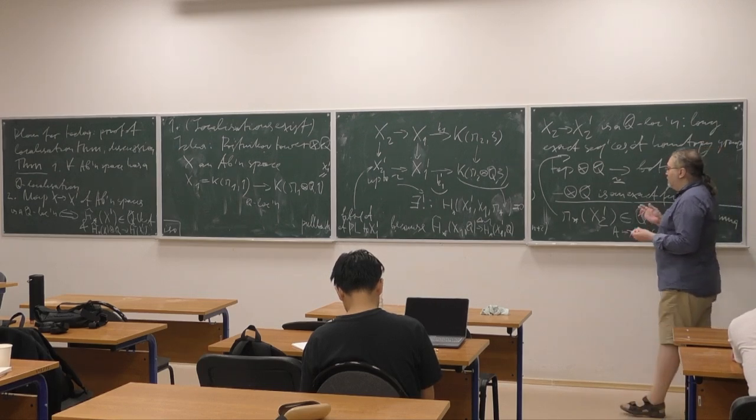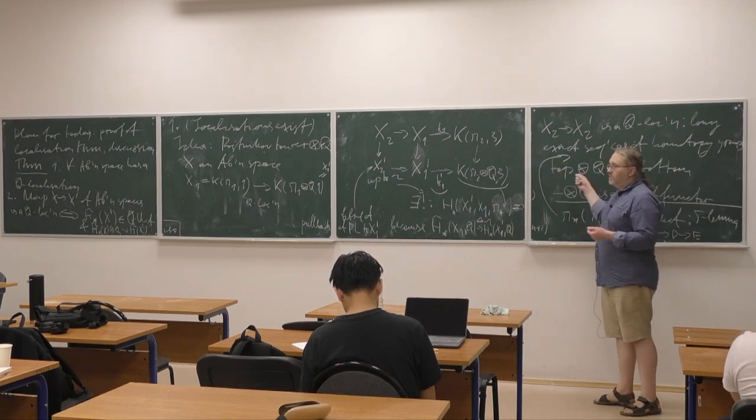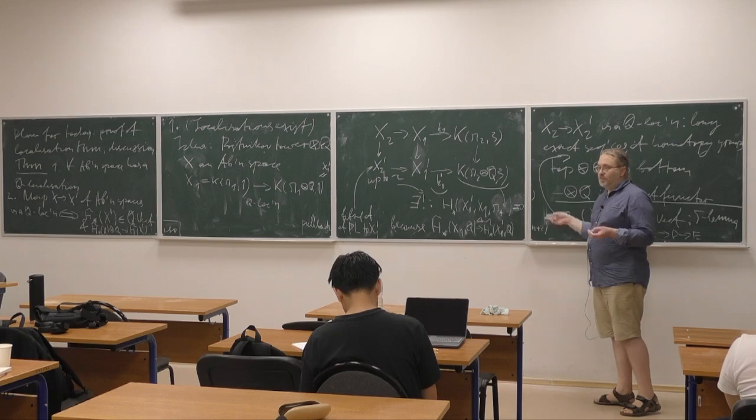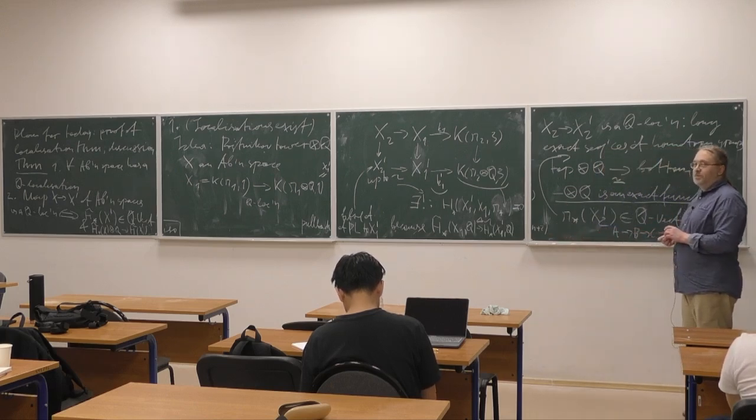Well, in order for the map to be an isomorphism, we need to tensor the source by Q. Otherwise, we don't necessarily get an isomorphism.